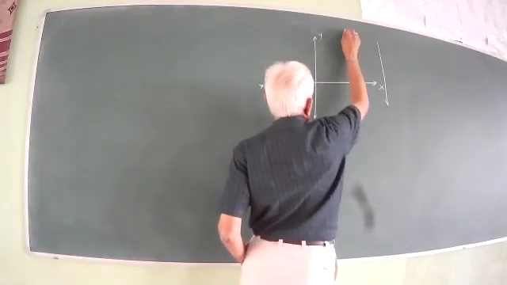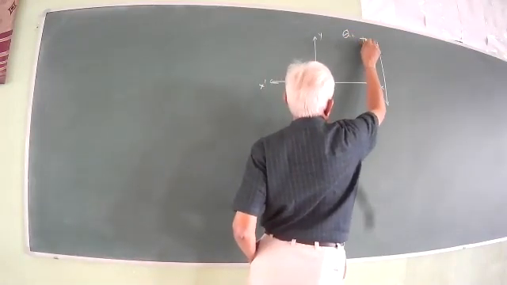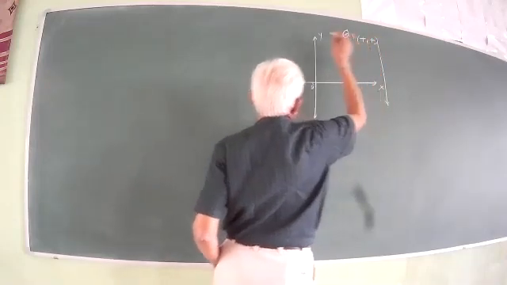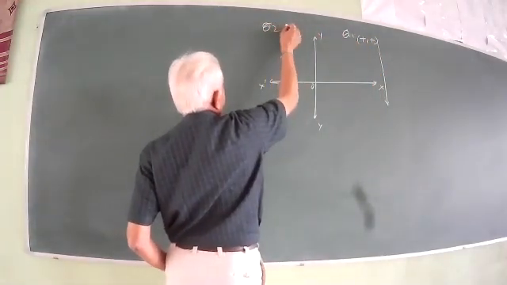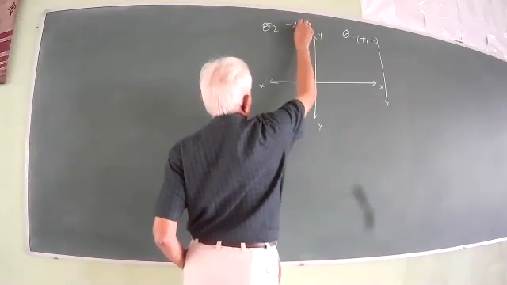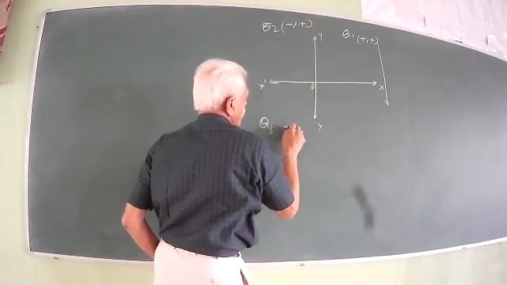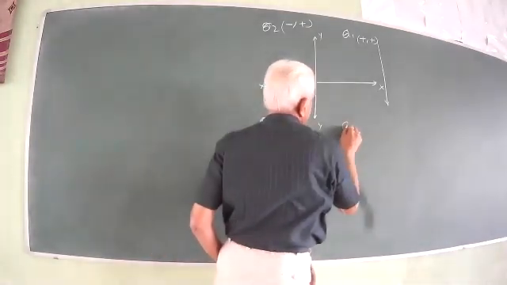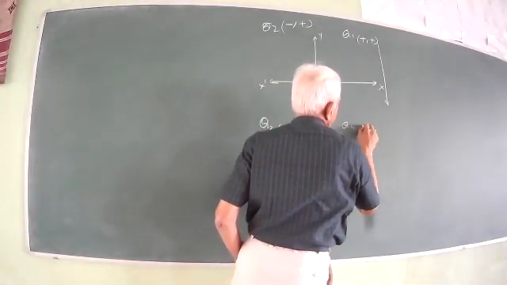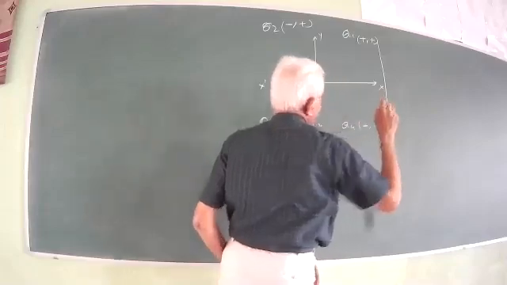So this is Q1, the plus quadrant; Q2, the minus plus quadrant; Q3, the minus quadrant; Q4, the plus minus quadrant.